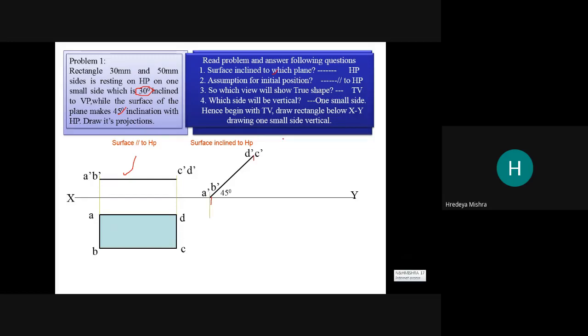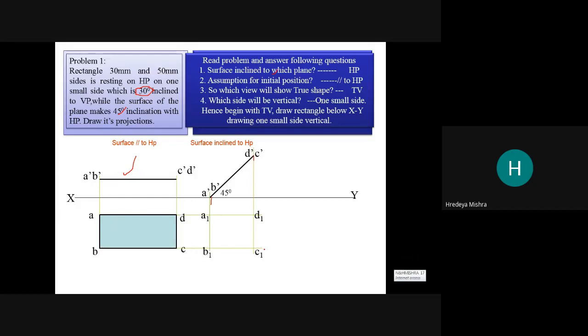Okay, like this. We draw the projection and now draw a horizontal line from D and C. And where it cuts, it is A1, it is D1, it is B1 and it is C1.